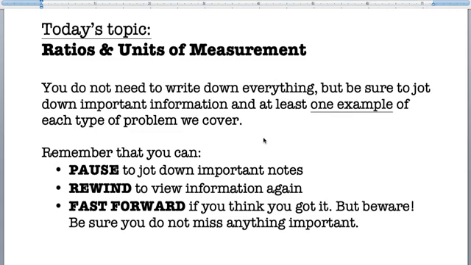So with today's lesson on ratios and units of measurement, it's really a review of equivalent ratios. We're just talking more about measurement. So what we mean by measurement is just any kind of unit that you use to measure something. You could use measurement to measure the length of something, like in centimeters or inches or feet, miles, kilometers.